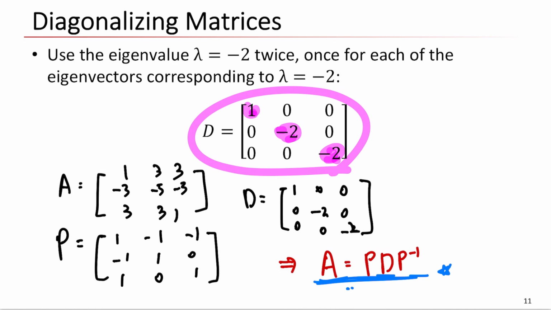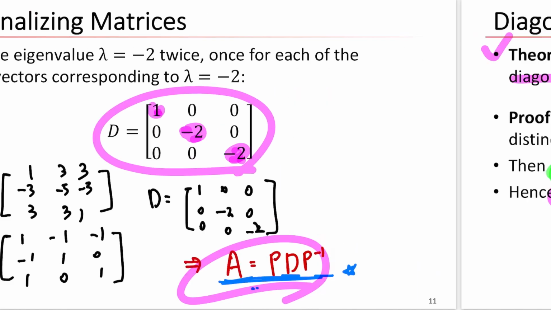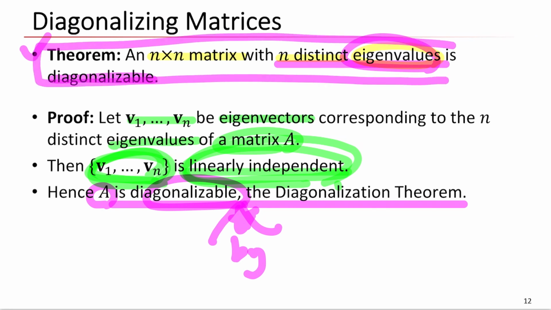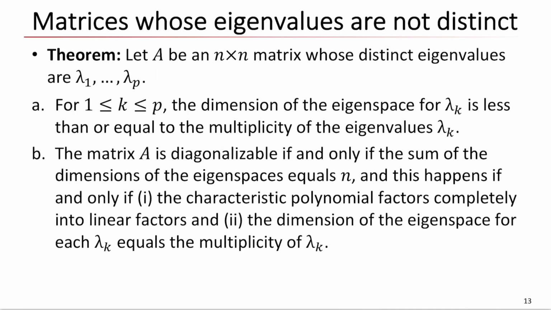We can diagonalize this matrix. So if this condition is satisfied, we can say that this matrix A is diagonalizable, but even though the matrix doesn't have n distinct eigenvalues, we can still decompose this matrix A as a diagonalized matrix.